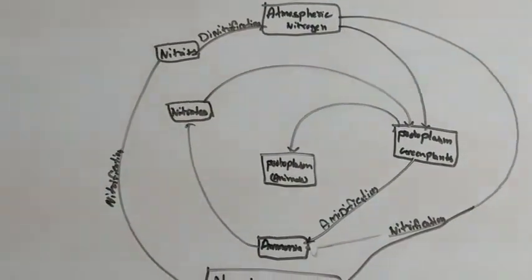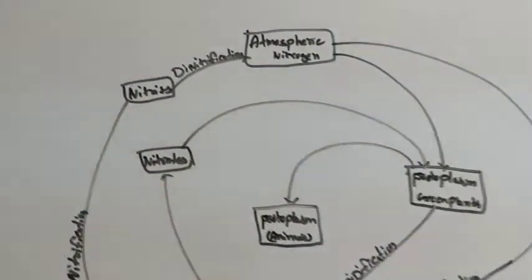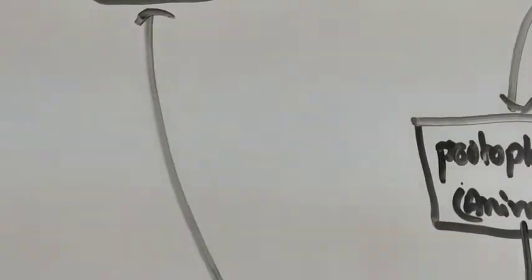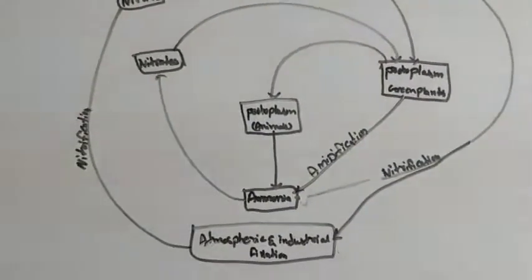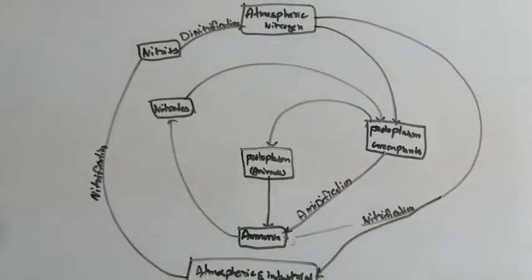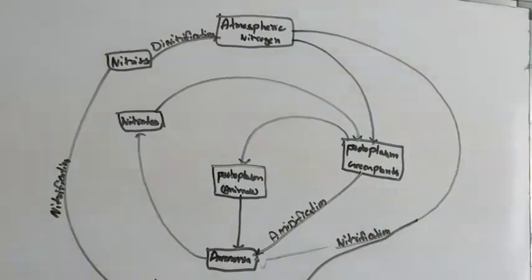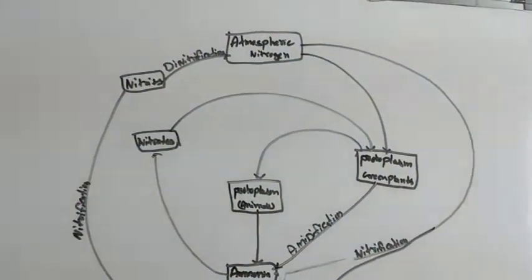Animals will take it up, and from the animals come the excretory products, like urea and ammonia. These are given out, and they contain nitrates. So the nitrates again will be taken back by the green plants.